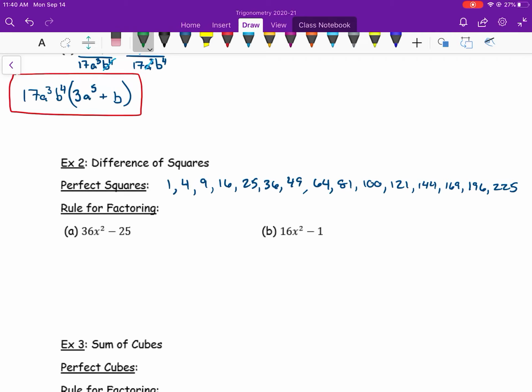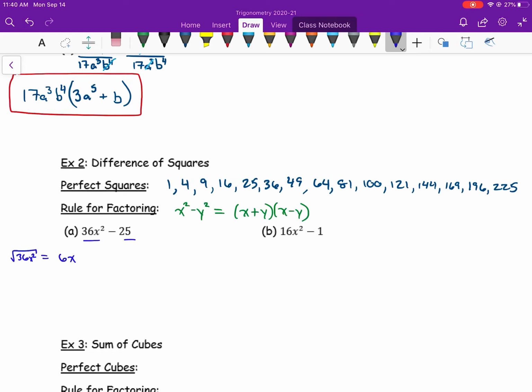There's a shortcut. If we are given x squared minus y squared, so both terms are perfect squares, it factors out very nicely to be x plus y times x minus y. For this example, I'm going to look at each term. The square root of 36x squared: square root of 36 is 6, square root of x squared is x.